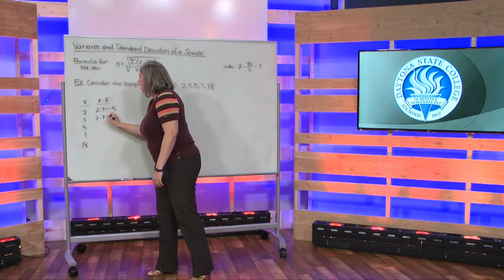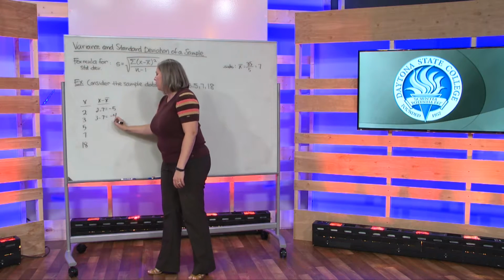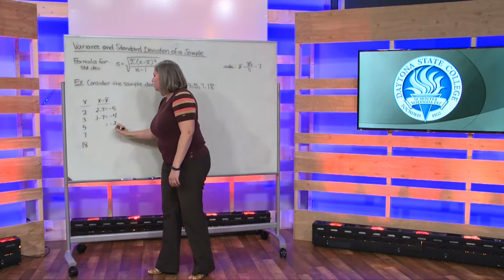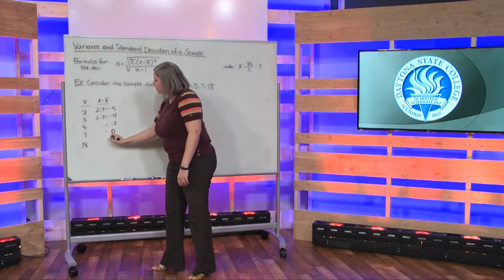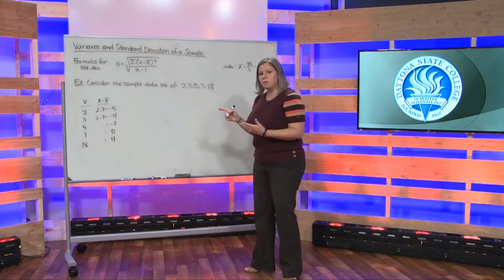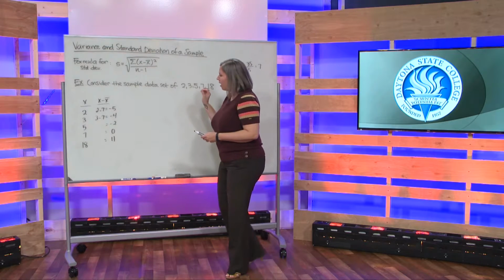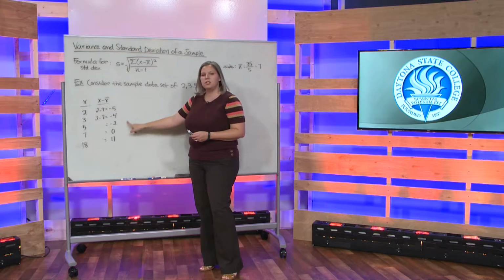Right? 3 minus 7 gives me negative 4. And if I keep going on, right, 5 minus 7 gives me negative 2, 7 minus 7 gives me 0, and then 18 minus 7 gives me 11. Even though this formula is pretty complicated, one of the nice things is that there are some safety checks.